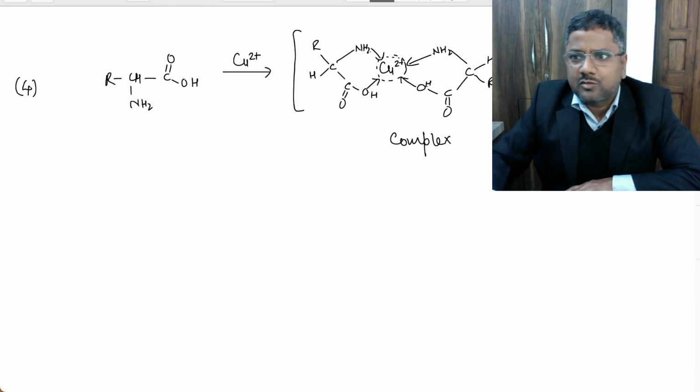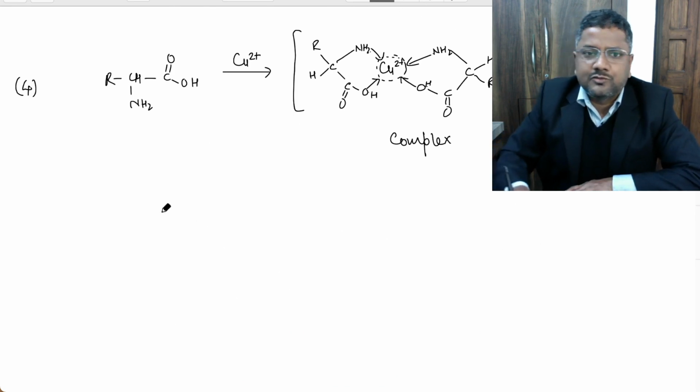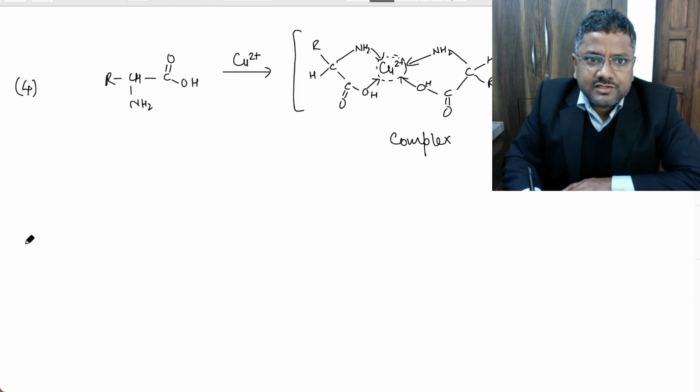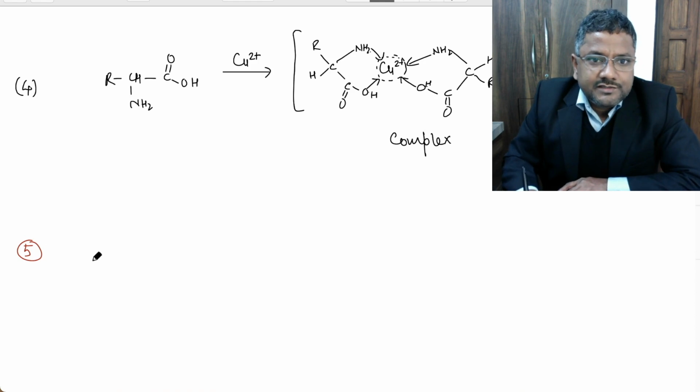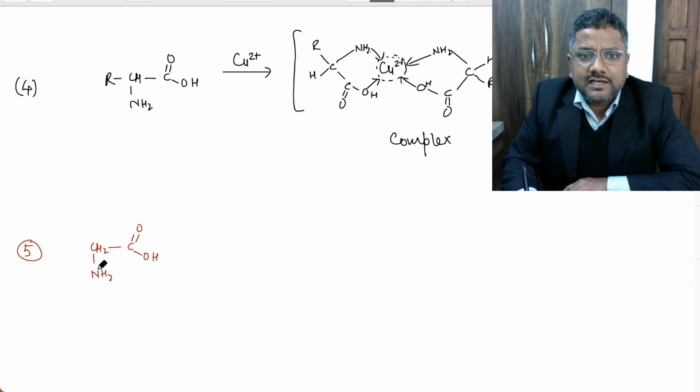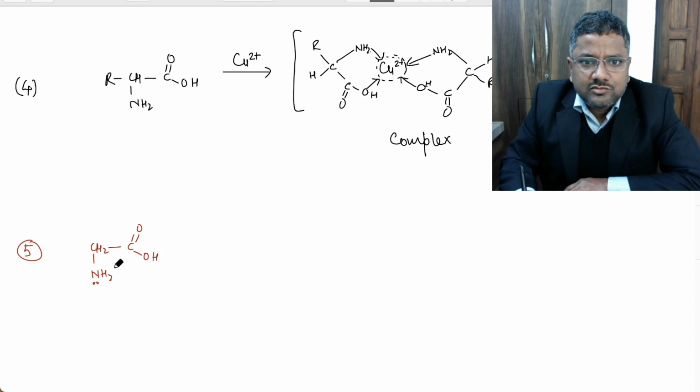Now see one very important property, and all of you should be ready for such types of questions in your IIT JEE Advanced exam. See, if you take glycine, CH2 NH2 and COOH, this has a basic group as well as an acidic group. This is basic, this is acidic group.